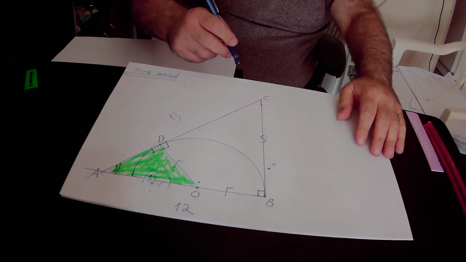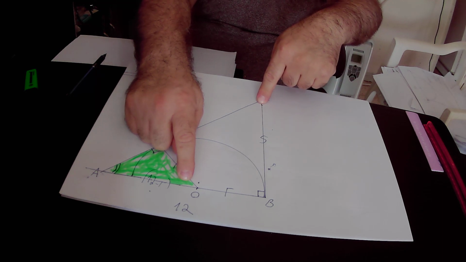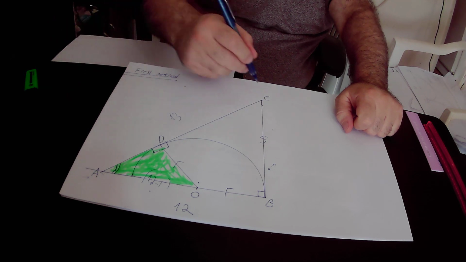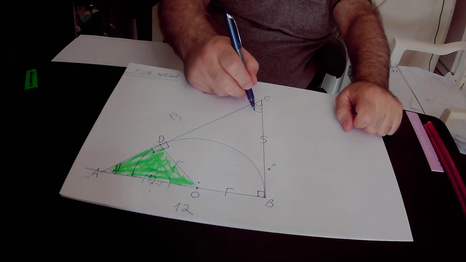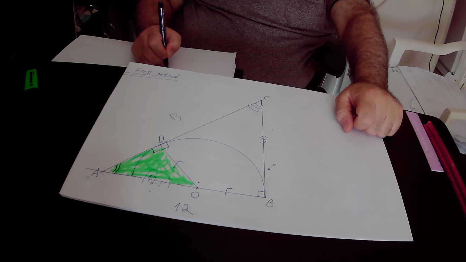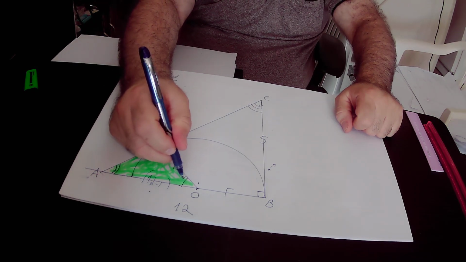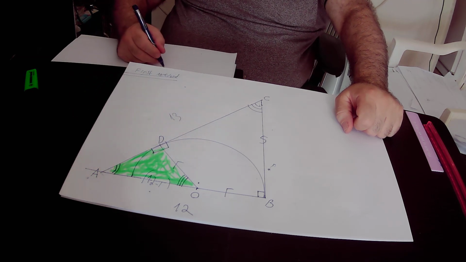And we also have those two angles, they are also equal to each other according to the third angle theorem. So this angle, that is actually angle ACB in triangle ABC, is equal to this angle, that is actually angle AOD in the green triangle.